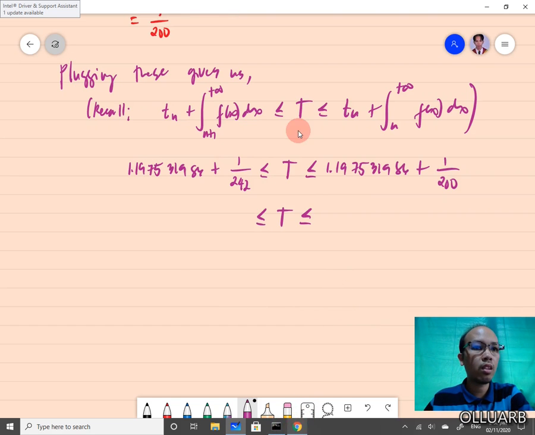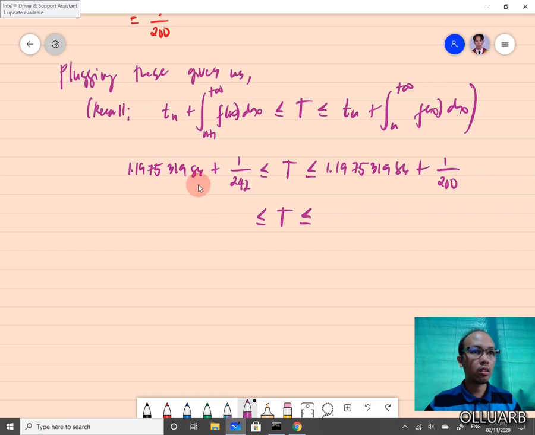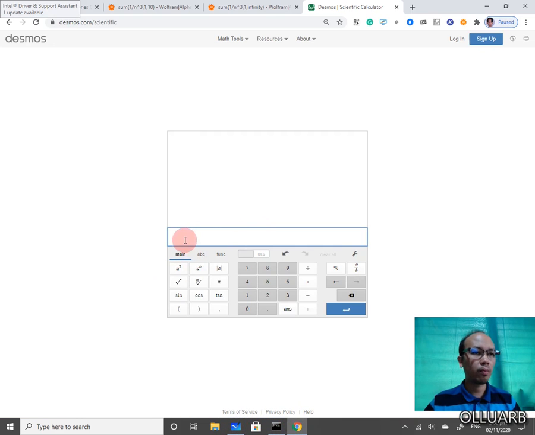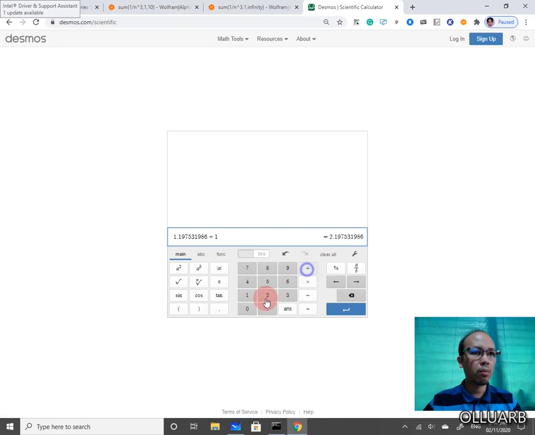As you can see here, we will use the small scientific calculator. So let's compute the left hand side first. 1.1975 86 plus 1 over 242. 1 divided by 242.